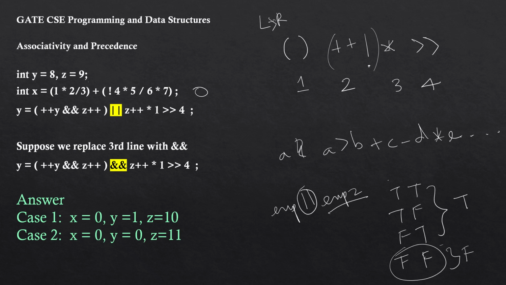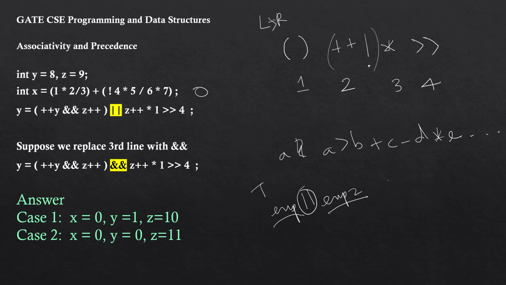So since we know this, now the computer is thinking, suppose expression 1 is true. We already know that if one of them is true, anyway the answer is going to be true only. So do we really need to evaluate expression 2 again? No, we don't need to. So because of short circuit evaluation, the compiler knows that if one of them is already true, we don't need to do the other one.